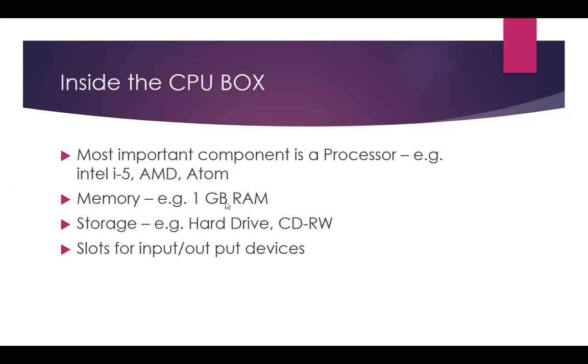RAM can be like 1 GB, and nowadays it can be up to 8 GB. So if you are a programmer or you are in a job of making computer games, then you need a bigger RAM like 8 GB RAM.